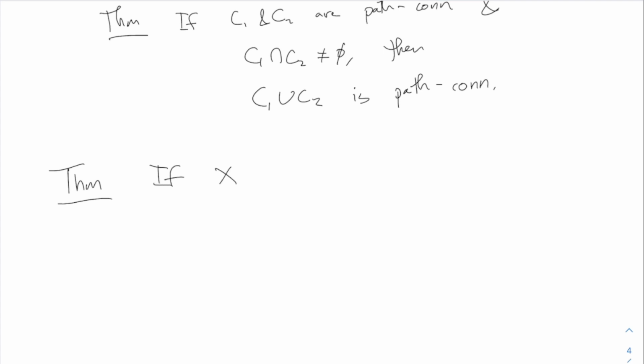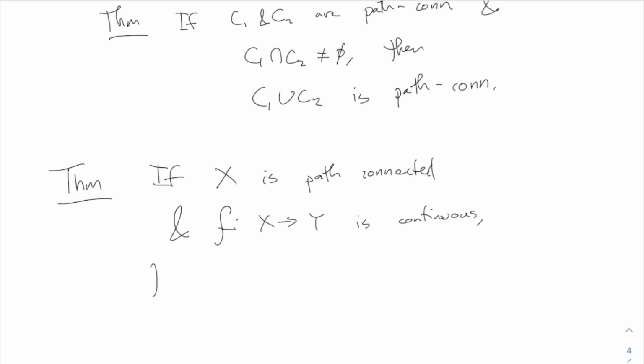If X is path connected and F from X to Y is continuous, then F of X, the range or the image of X, is path connected.